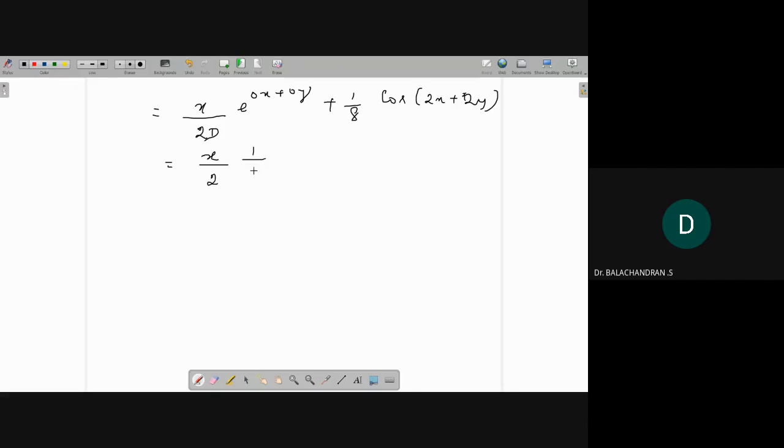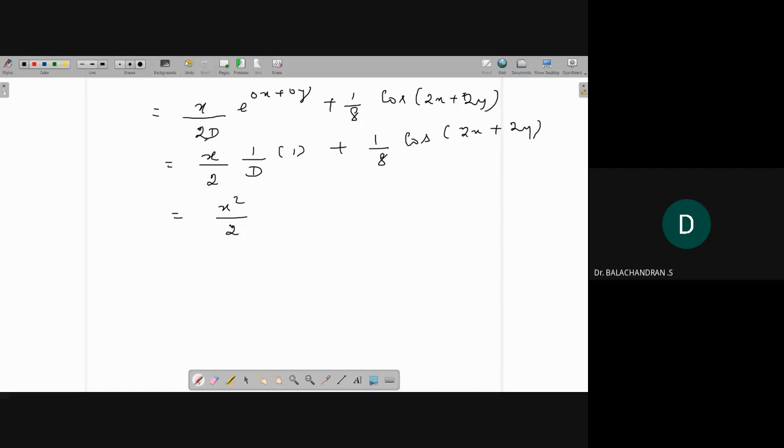Otherwise, 1 by D of this 1 plus 1 by 8 of cos of 2x plus 2y. So if you integrate, D is differentiation and 1 by D is integration, you get x square by 2.